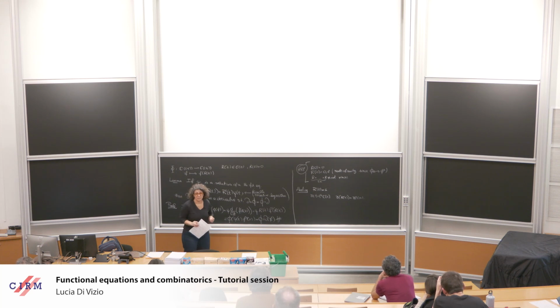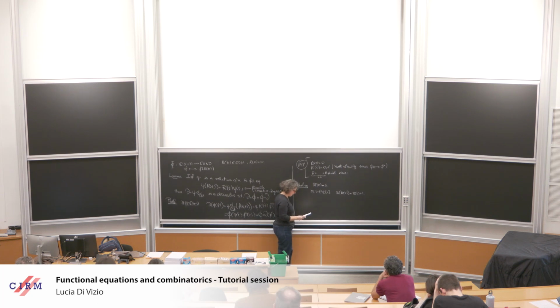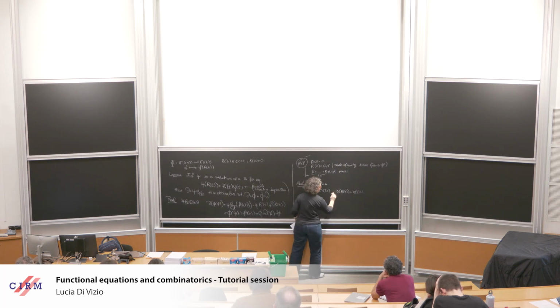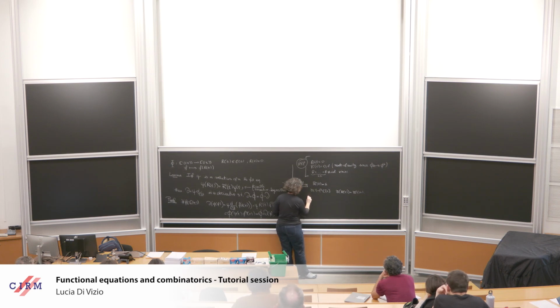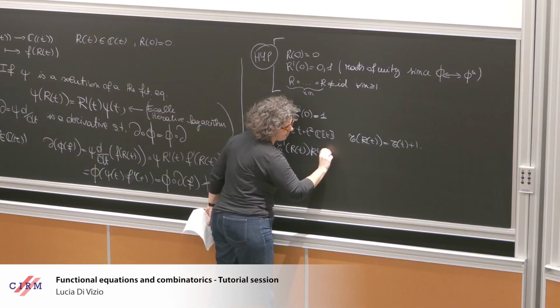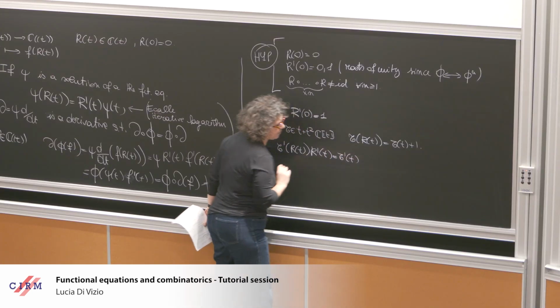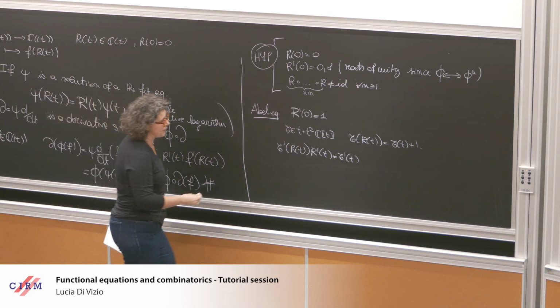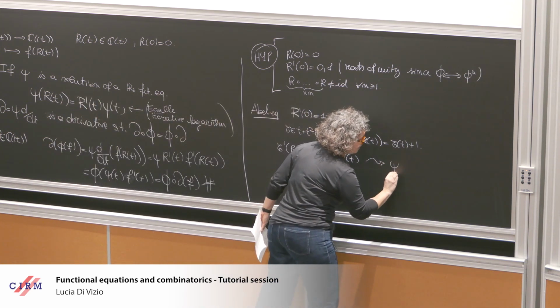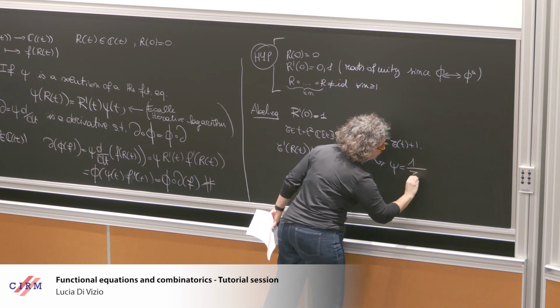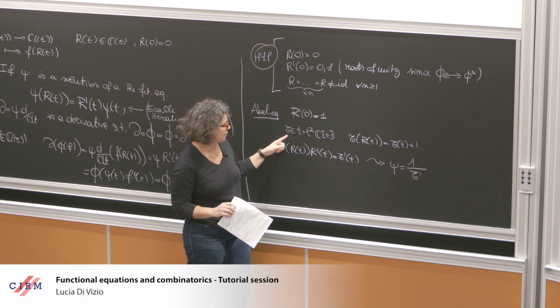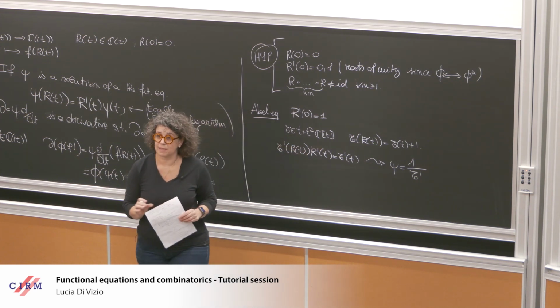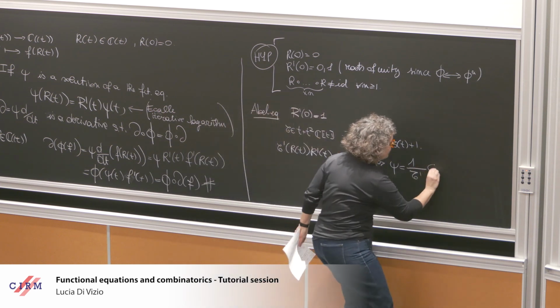It's not very interesting actually, but it exists, and it doesn't converge. If you differentiate this functional equation, you get almost this one here, of course. And actually you can just take psi to be 1 over tau prime, and tau prime starts with a 1, so everything is nice and sound.